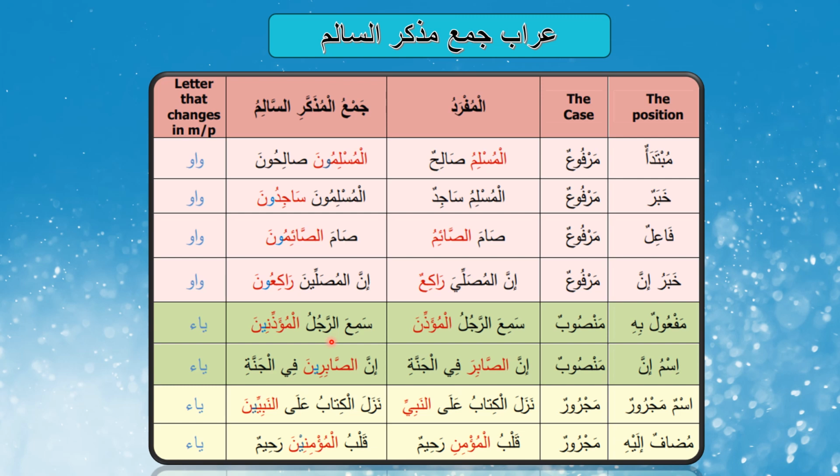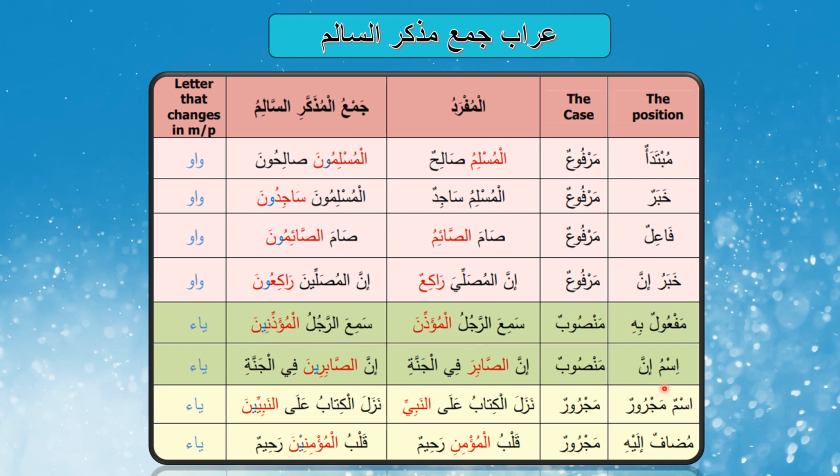Since we are doing the examples on Jama muzakkar only, let's just concentrate on that. Al-mu'adhdhinina: the last letter noon remains intact, and when ya wa noon is added, the haraka is changed. So this mu'adhdhinina is in maf'ul bihi position.